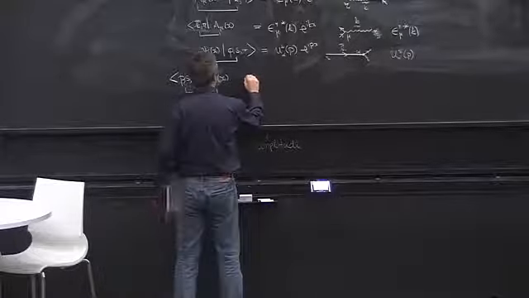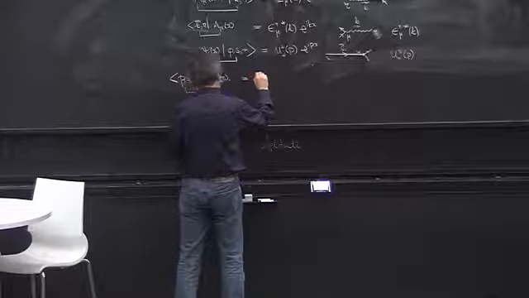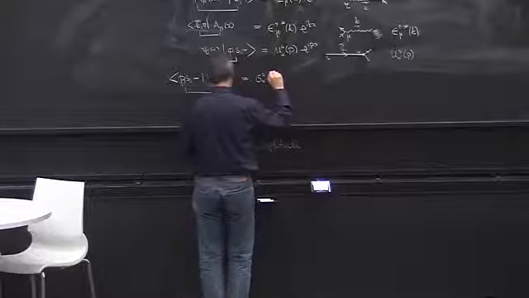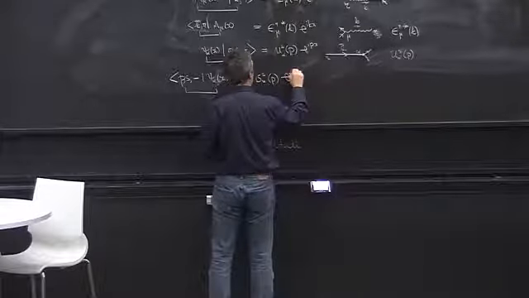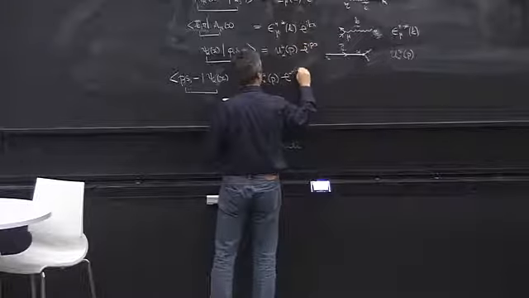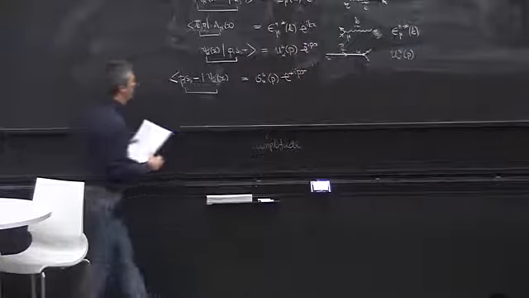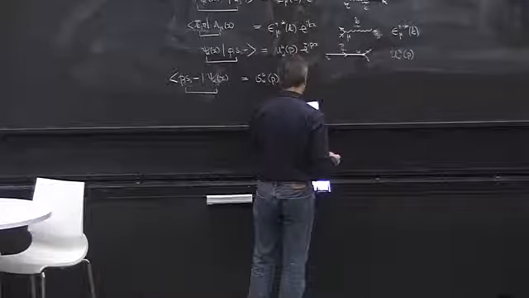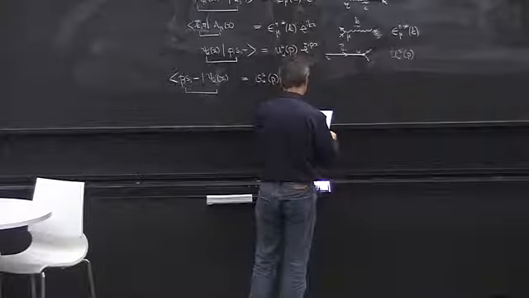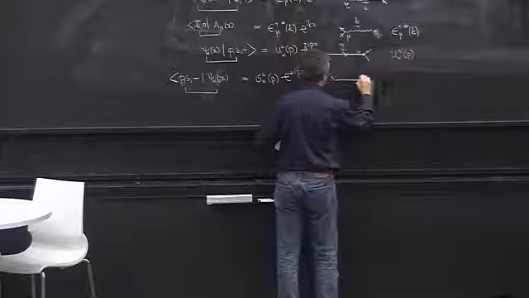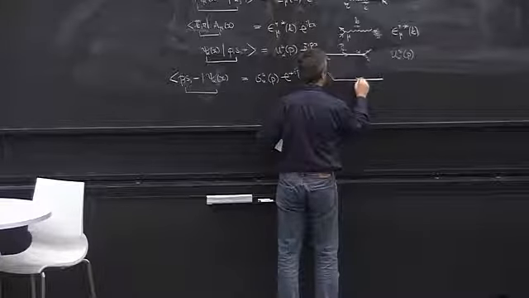So that would give V s alpha of p times e to the minus, so that should be minus here, and plus here. So this would correspond to an outgoing positron.